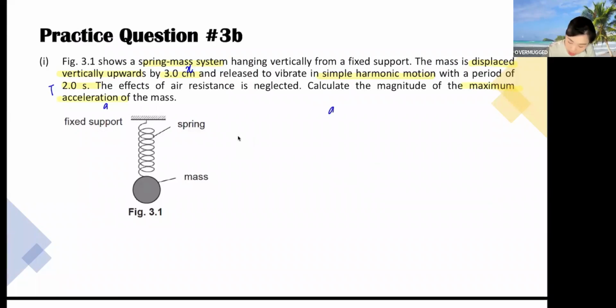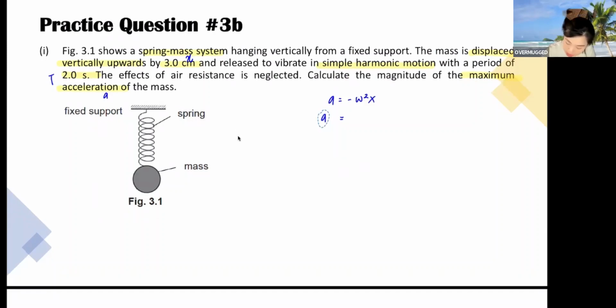You have the equation a equals negative omega squared x. Then you want to calculate maximum acceleration. This means that your a max can be calculated by taking the negative, since it's magnitude, so I ignore the signs at the end of the day. I just take the modulus of this part. Now omega is 2 pi over T, squared, correct?